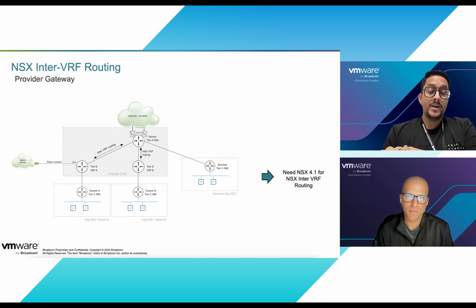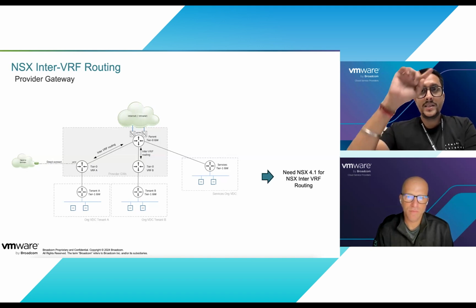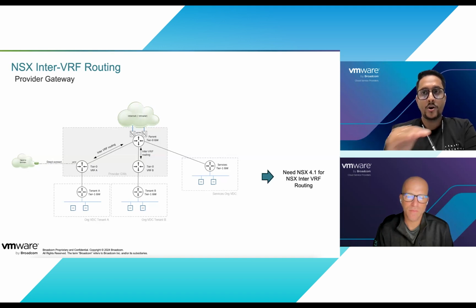The provider gateway is also backed by T0 or the VRF, which is child of T0s. Previously, if I imported a T0 directly into VCD for provider gateway, then I could not import the child VRFs. Or if I imported VRFs, I could not import the T0 directly.